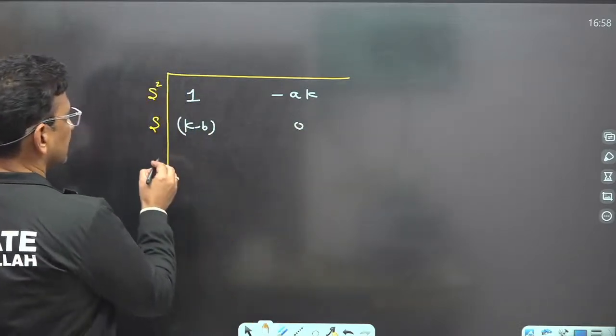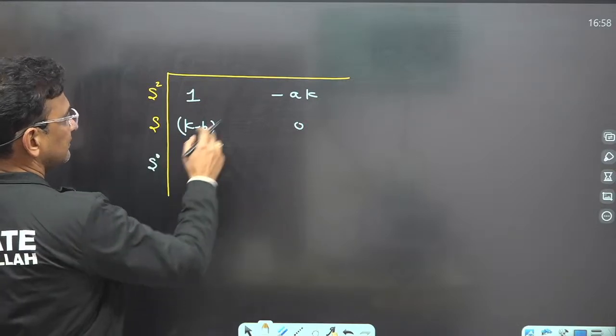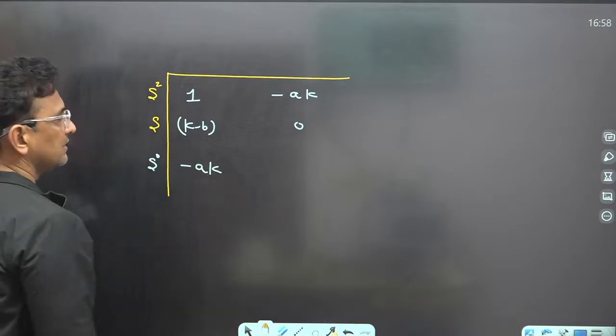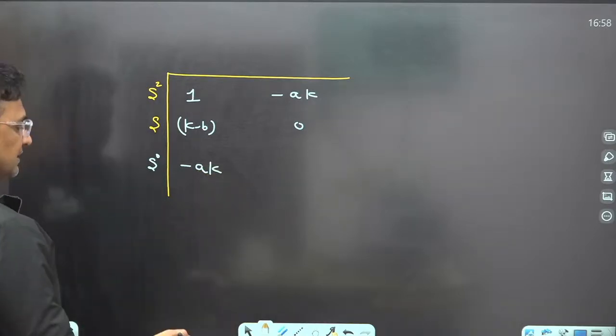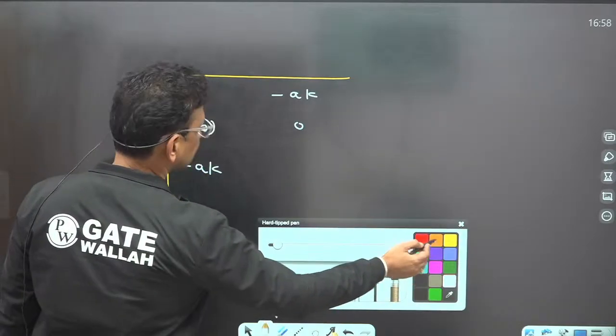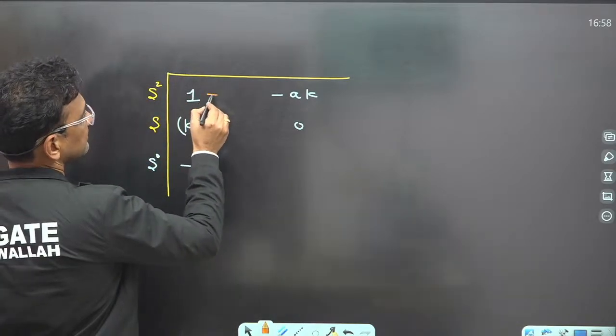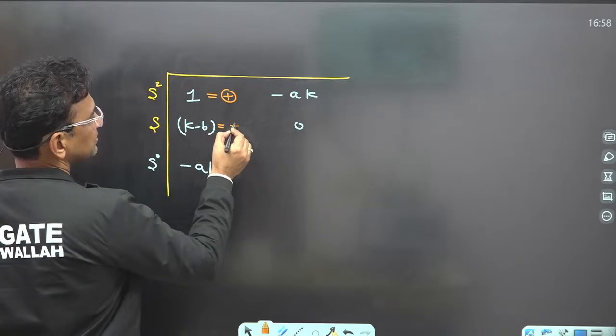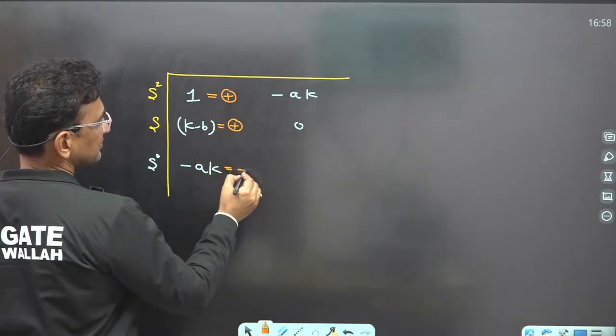Clear? Again s not, it will be multiplied with this, you will get the minus ak only. So for a system to be stable, 1 is a positive number, so there should not be any sign change. That means this number should also be positive and this number should also be positive.